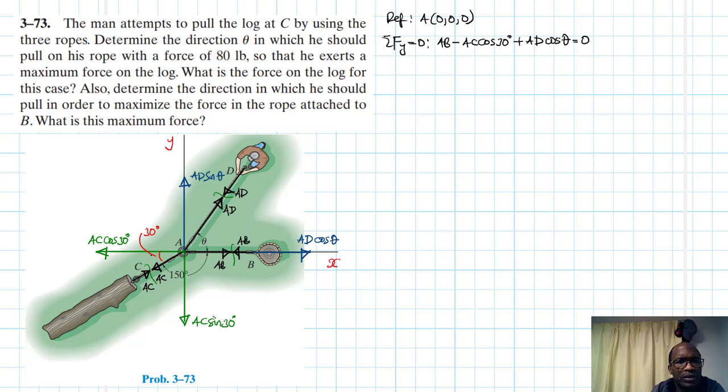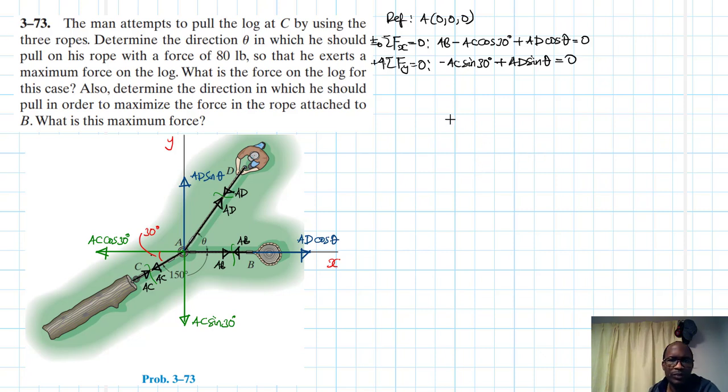And then summation of forces in the y: we have minus AC sin 30 degrees, plus AD sin theta equal to 0.